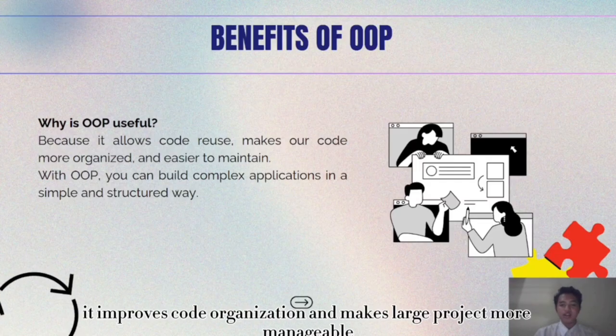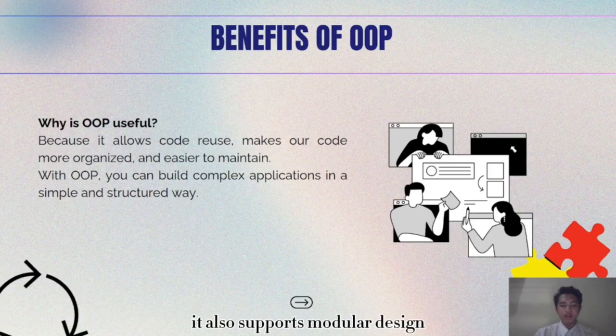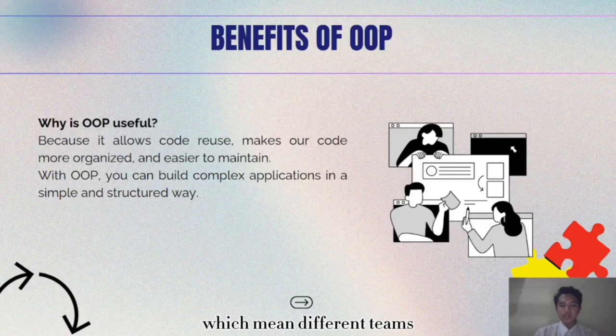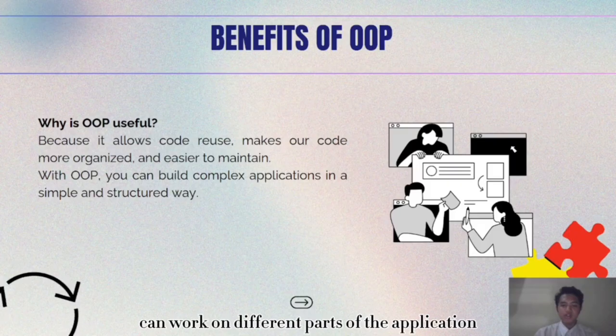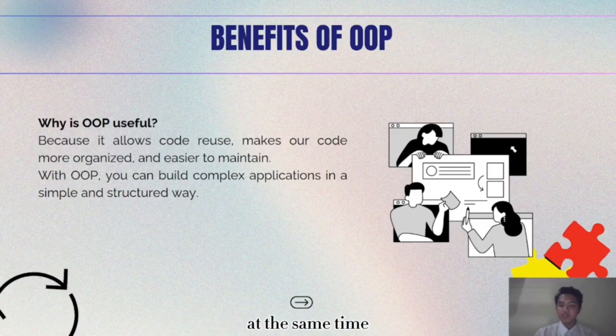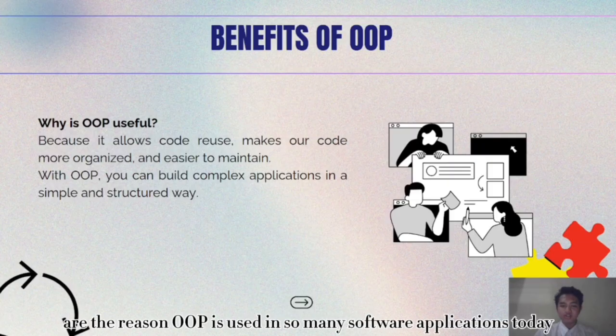Third, it improves code organization and makes large projects more manageable. It also supports modular design, which means different teams can work on different parts of the application at the same time. These advantages are the reason OOP is used in so many software applications today.